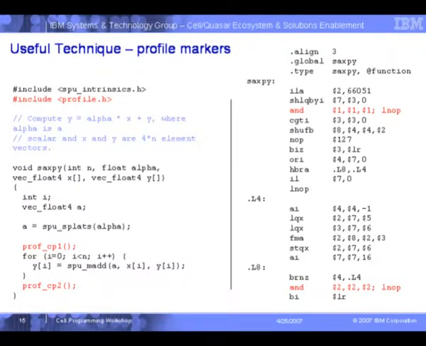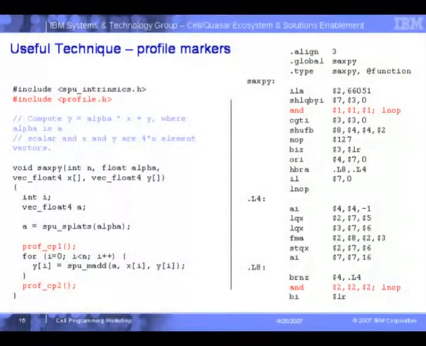Now we don't want to capture all this overhead. Any time we want to profile code, it should only be in front of the computation, just before the main computation kernel starts and then after it ends. So in this code, when do we want to start profiling? Right before the loop, and we want to stop profiling right after the loop. So if you see, the for loop is starting right here. We start prof_cp0.